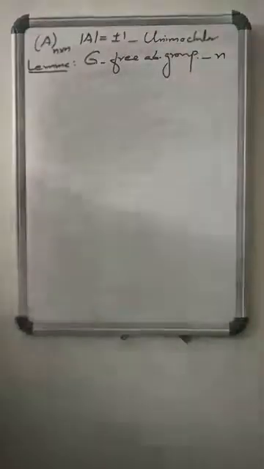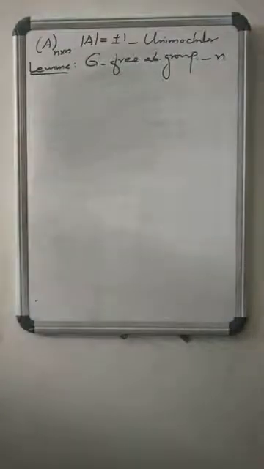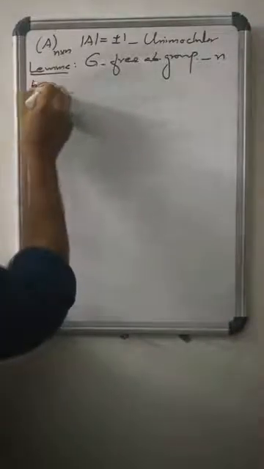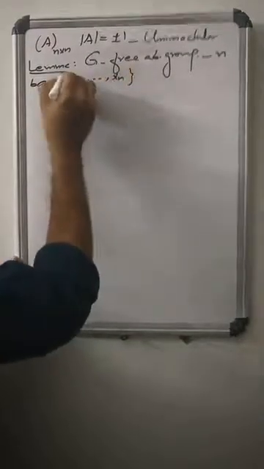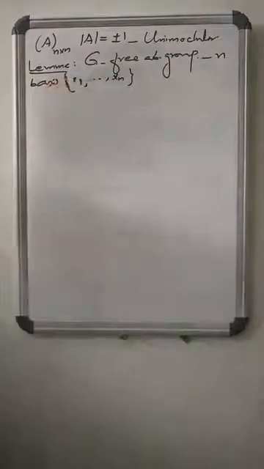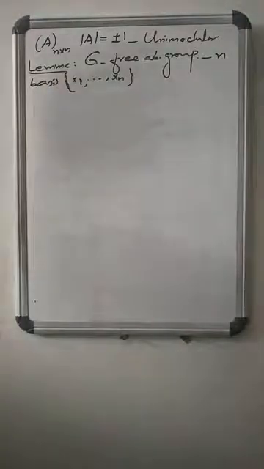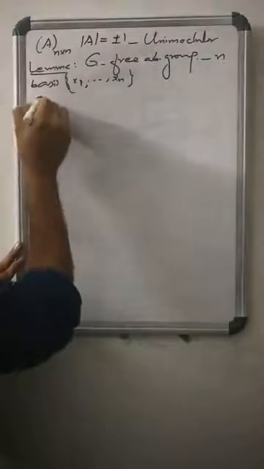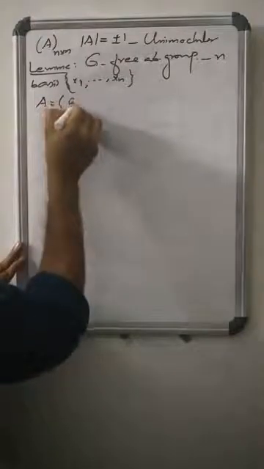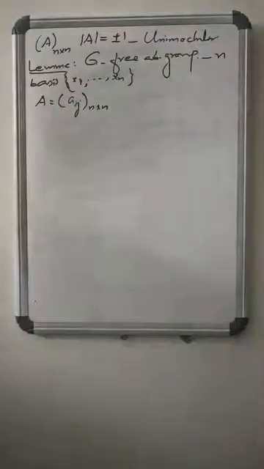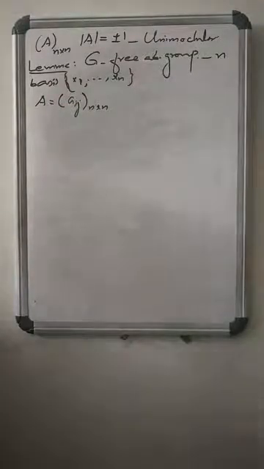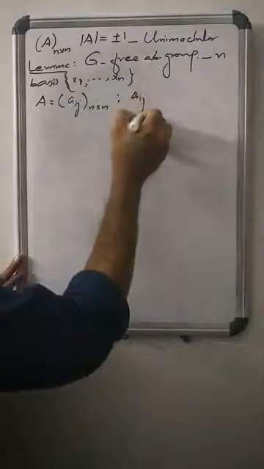Rank is n, which means G has a basis consisting of n elements. With the basis x1 etc. xn, suppose A is an n by n matrix, an n square matrix with integer entries, such that the following holds.